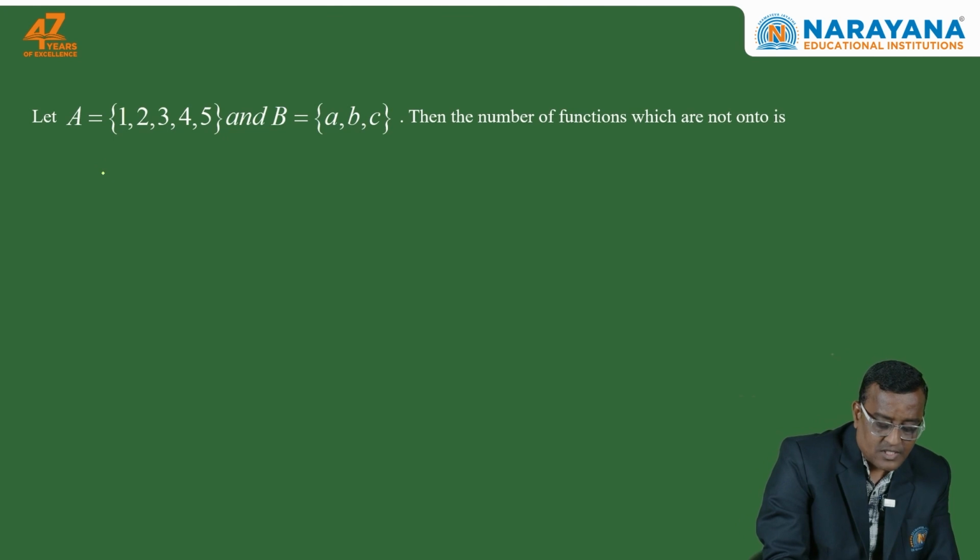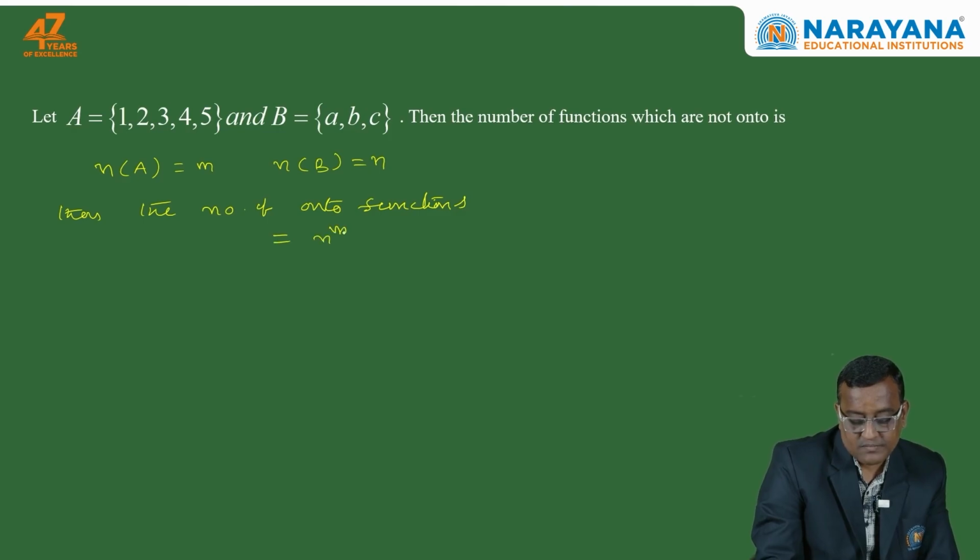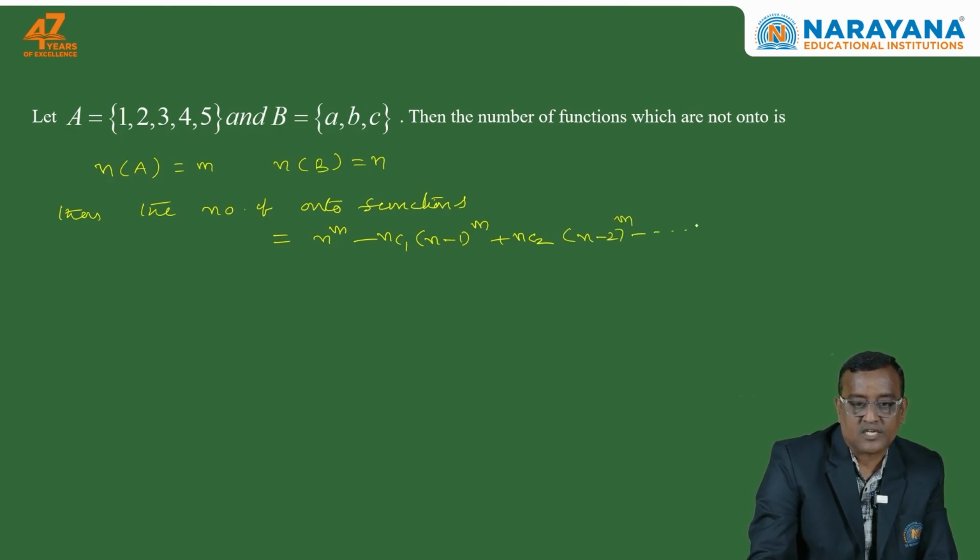If the number of elements in A is m and the number of elements in B is n, then the number of onto functions is equal to n power m minus nC1 into (n minus 1) whole power m plus nC2 into (n minus 2) whole power m minus, and so on, with alternating signs.